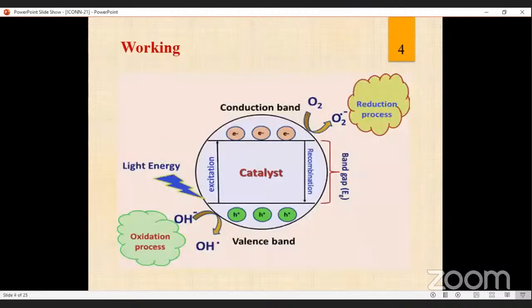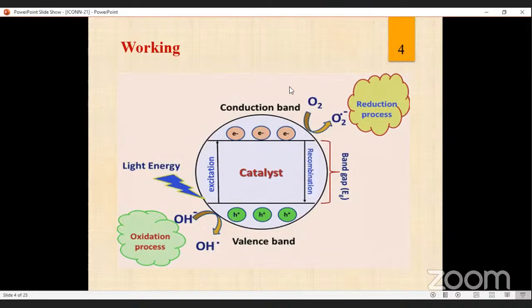So the process that is actually happening inside a photocatalyst is that we have a band gap for the photocatalyst material. Whenever light is incident upon it whose energy is greater than or equal to the band gap of the catalyst, electrons from the valence band get excited to the conduction band, and there is separation between electrons and holes.